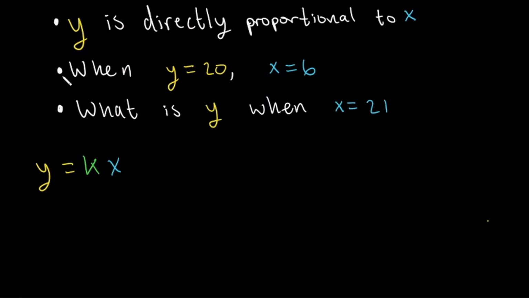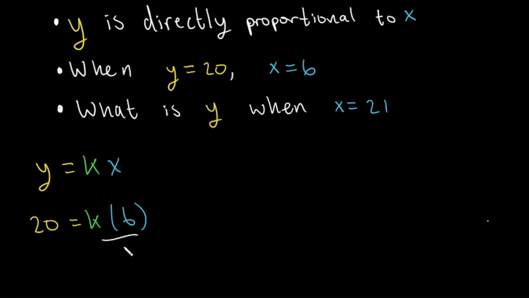Now our second bit of information is y is equal to 20 and x is equal to 6. So let's put y as 20 and then x as 6. And now we can solve for k.